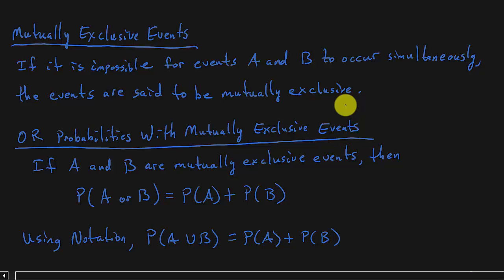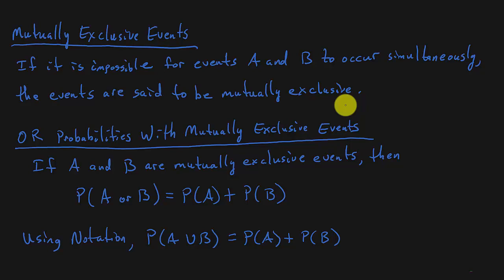I guess an example of that is let's suppose that you randomly select one card. You're going to select one card from a deck of 52 cards. And let's say event A is selecting a king. Event B is selecting a queen. Okay?